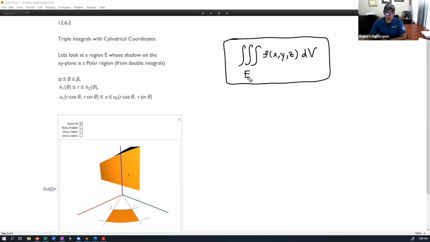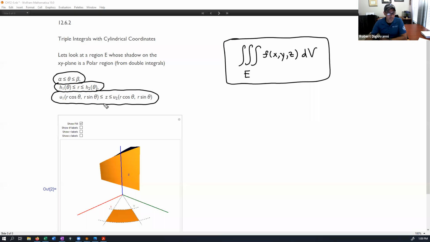If this E region is written in cylindrical coordinates, then our theta can be stuck between two constants. Our r can be stuck between two functions of theta. And then the top and bottom of this solid are stuck between two functions of x and y.